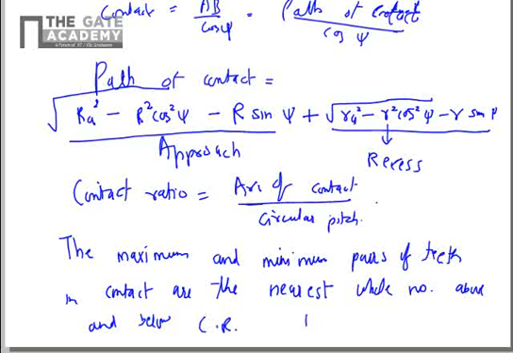So if contact ratio is say 1.8, then maximum two teeth can be in contact, or minimum at least at any time instant one tooth is in contact. So this kind of objective question can come. If the contact ratio is this much, what is the maximum number of teeth that can be in contact?